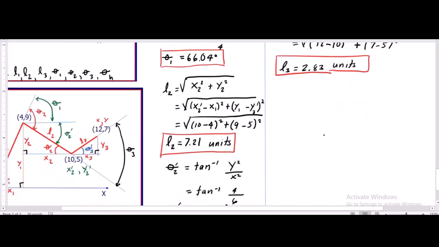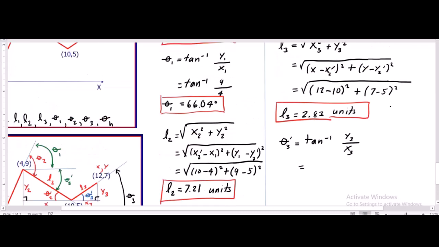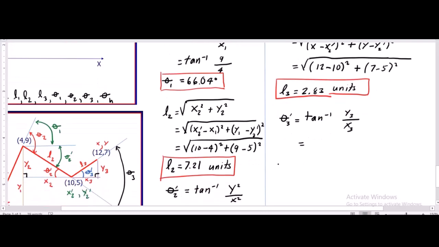And then we can be able to solve for the theta 3. But you need to solve first the theta 3 prime. So theta 3 prime is inverse tangent y3 over x3. And we know y3 is 2, and x3 is 2. So inverse tangent 2 over 2.